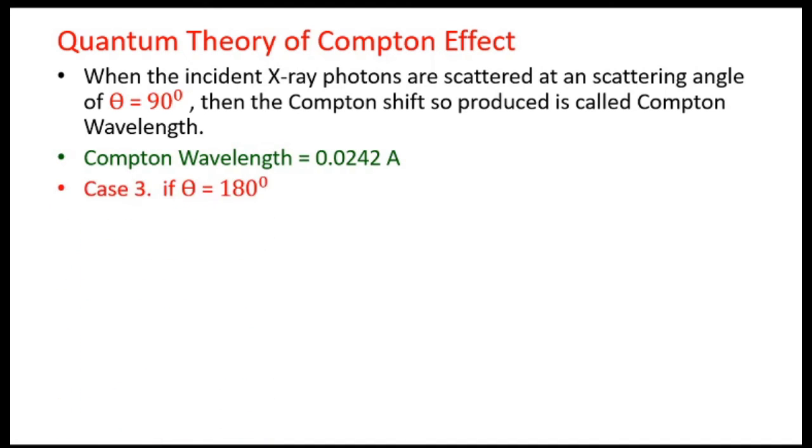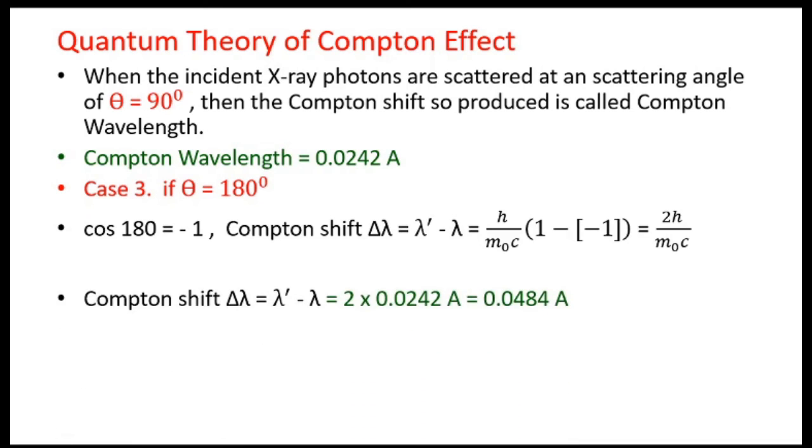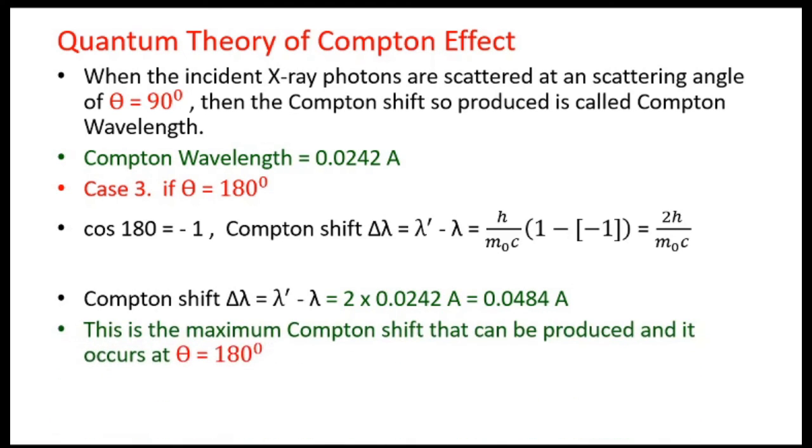Case 3: if the angle of scattering is 180 degrees, cos 180 is minus 1, and the Compton shift becomes twice h upon m0 into c. Putting in the values, this comes out to be 0.0484 angstrom. This is the maximum Compton shift that can be produced, and it occurs for a scattering angle theta equal to 180 degrees.